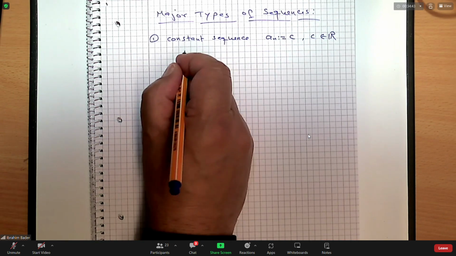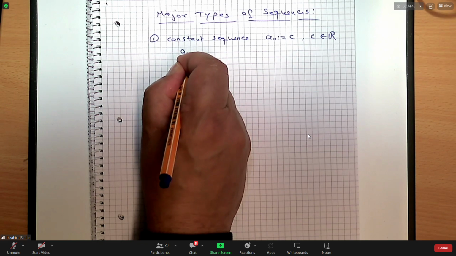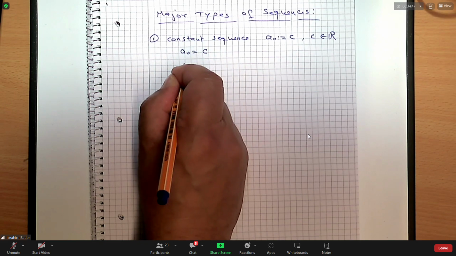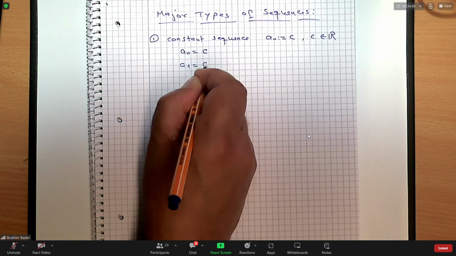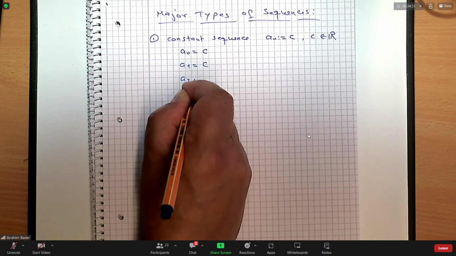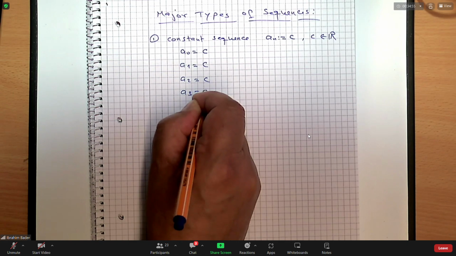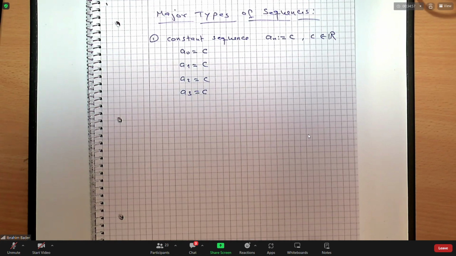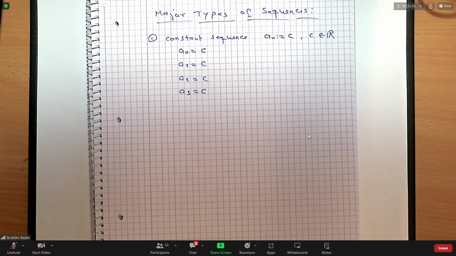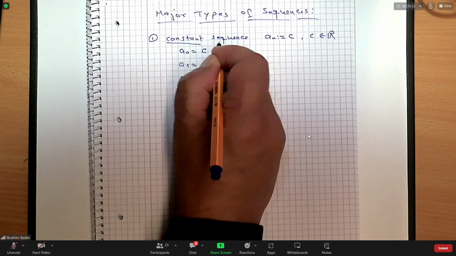So let's list: a sub 0 is C, a sub 1 is C. If I ask you what is the 100th element of this sequence? C. It could be 1, 2, 3, any constant. So this is the so-called constant sequence.